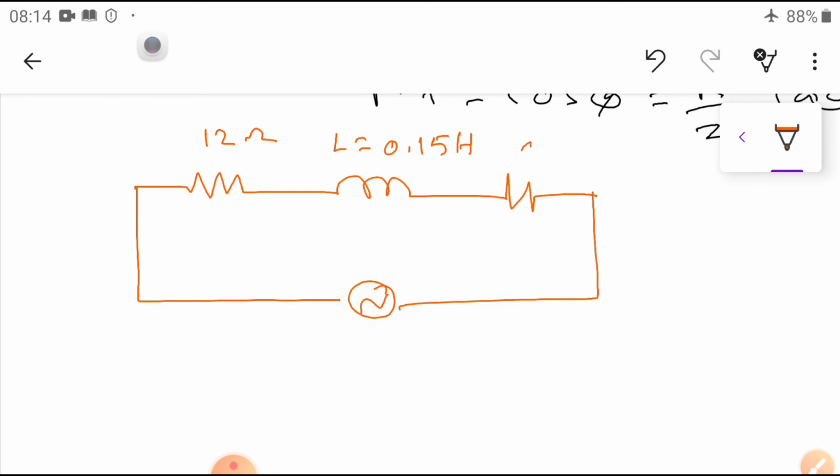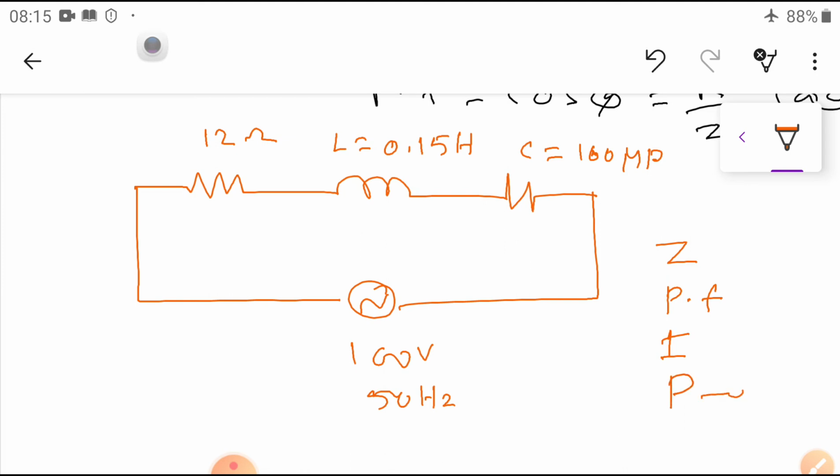And capacitance C is equal to 100 microfarads, connected in series across 100 volts, at 50 Hz frequency. Find the Z, the power factor, the current, and the power. So he is asking these 4 terms.